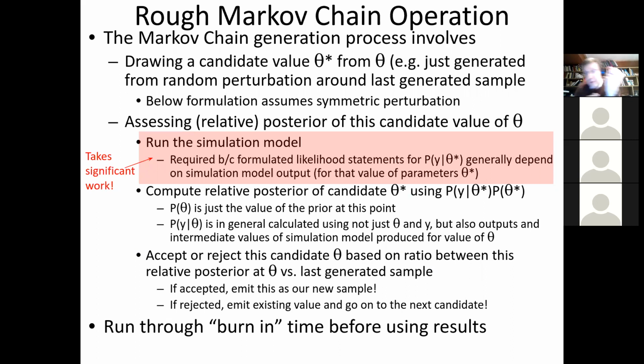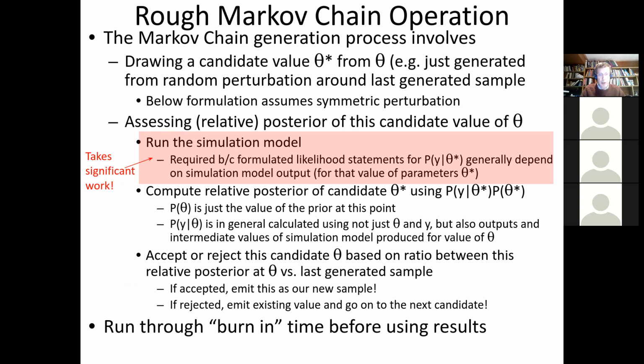We had a candidate value drawn from our prior distribution, and the question was, do we indeed emit it or not? Here, it's a little more involved because it's not a matter of whether we just emit it, it's whether we transition to that point as our new value of theta.